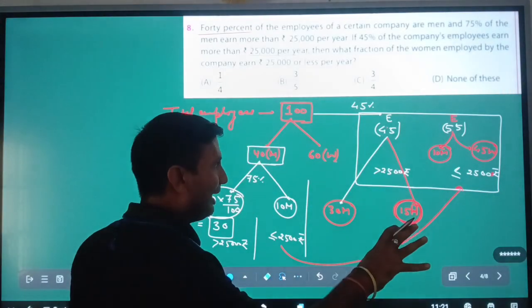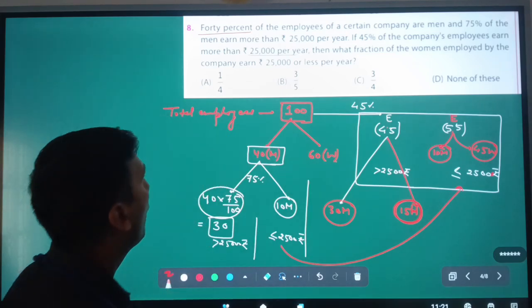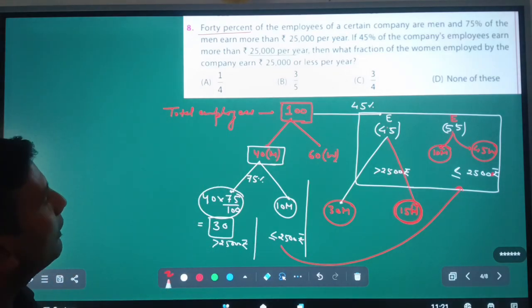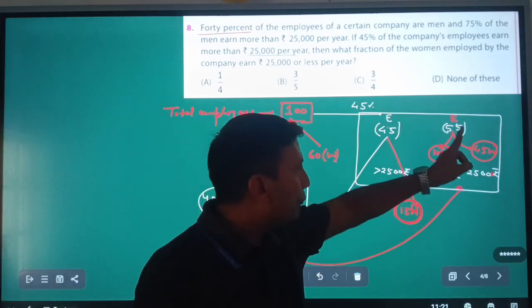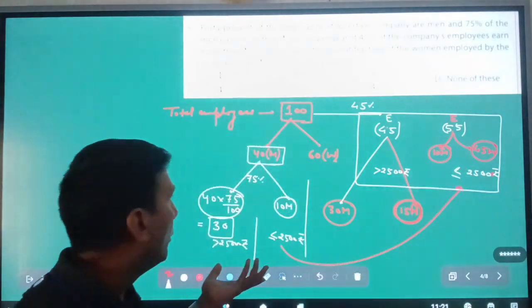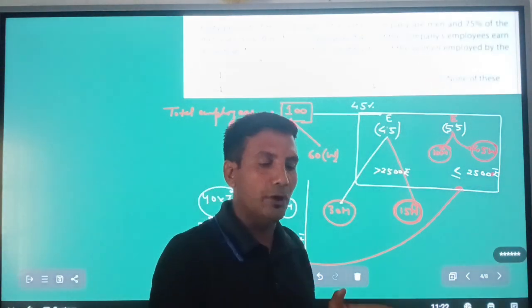The question is clear, the format is clear. Now jump to the question: what fraction of women employed by the company earn 25,000 or less per year? So we have 45 women who are getting less than or equal to 25,000 out of total women, because to make a fraction we have to take the base, the total number.